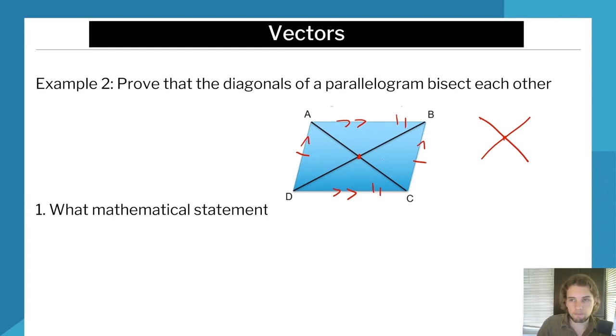So the mathematical statement we want to prove is that this point of intersection is the halfway point of both lines: the halfway point of A to C, and the halfway point of B to D.